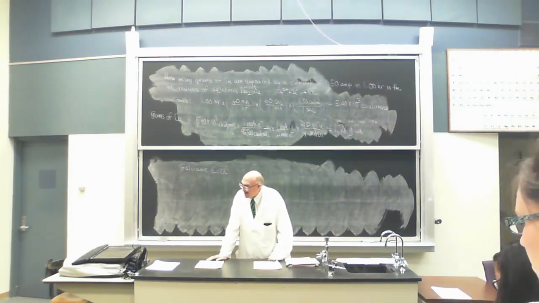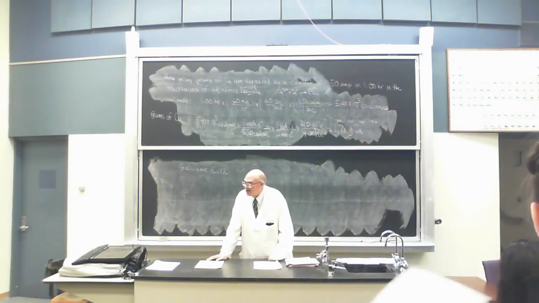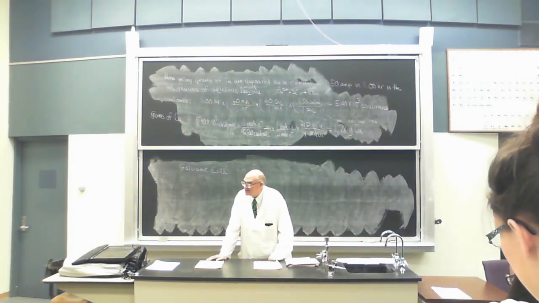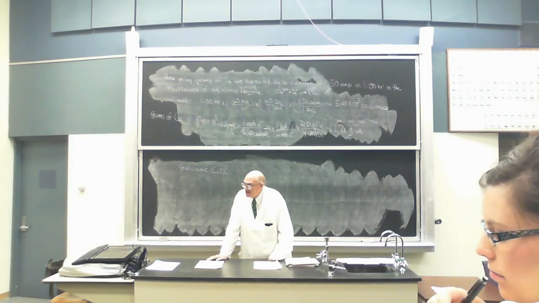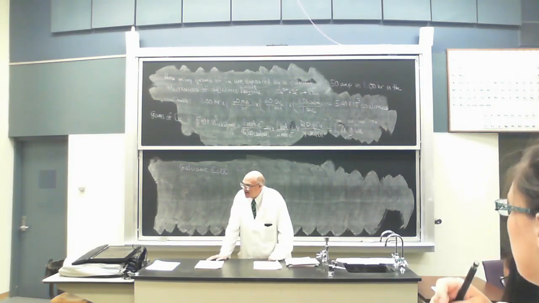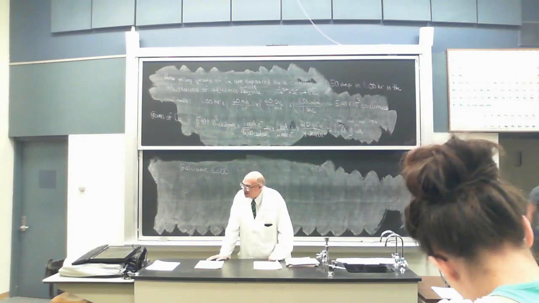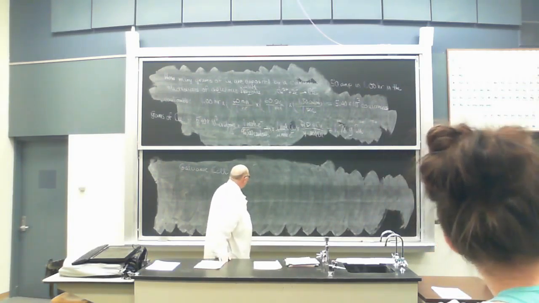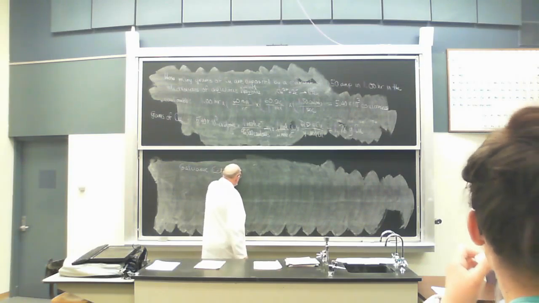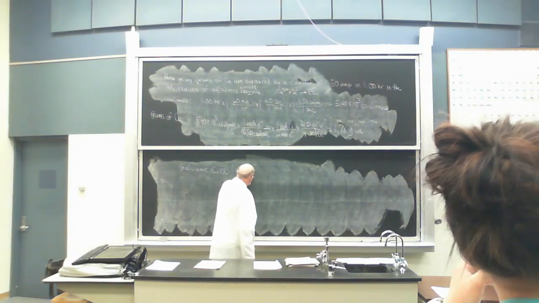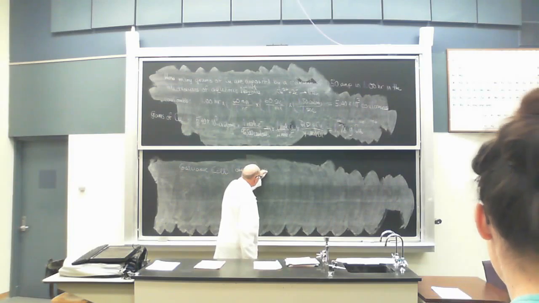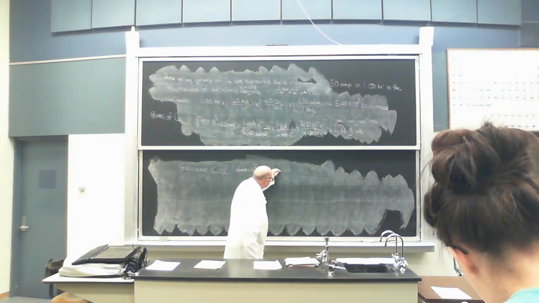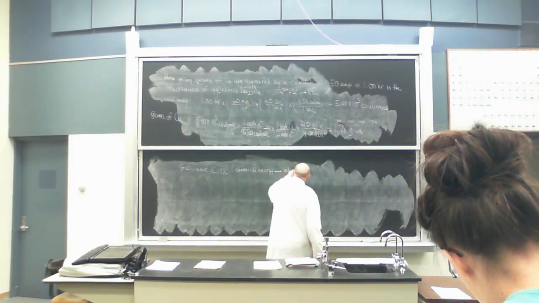And what is the opposite to what we've just been talking about, the electrolysis cell? In an electrolysis cell, you use electricity to generate chemical change. Here, you'll use chemical change to generate electricity.